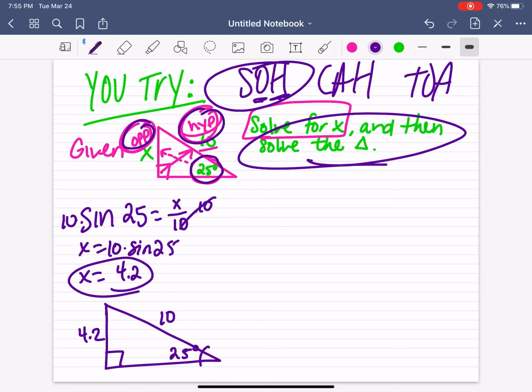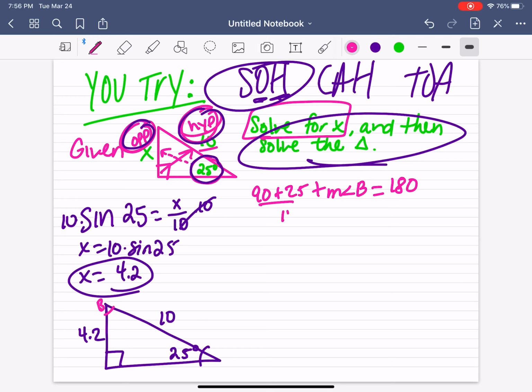So now let's solve the triangle. And again, by that I mean find all missing sides, all missing angles. This time let's call this angle B. So let's find the measure of angle B first. So again, the addition of all three angles in a triangle adds up to 180. So 90 plus 25 plus the measure of angle B equals 180.